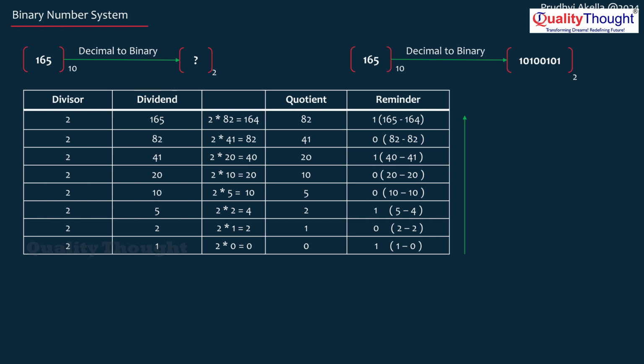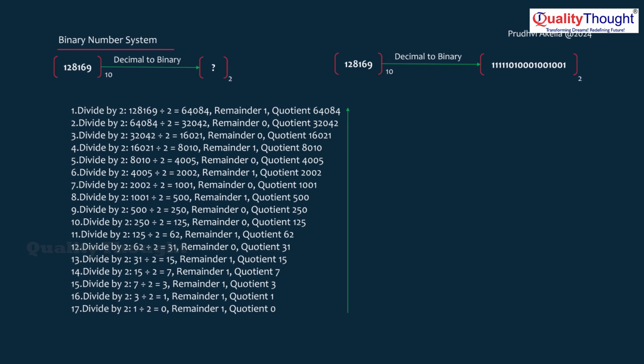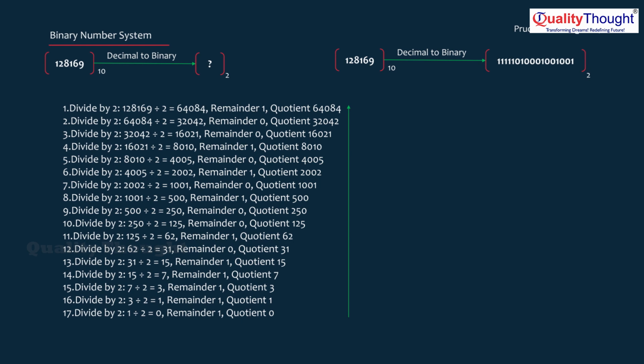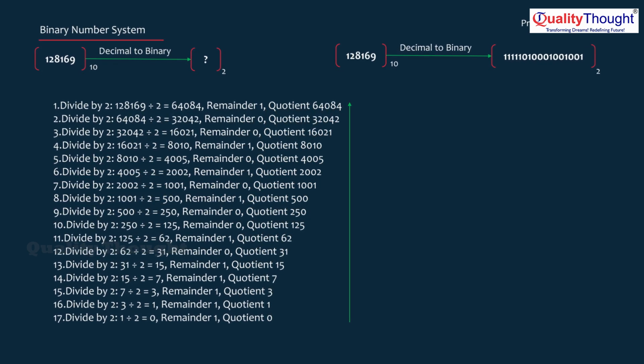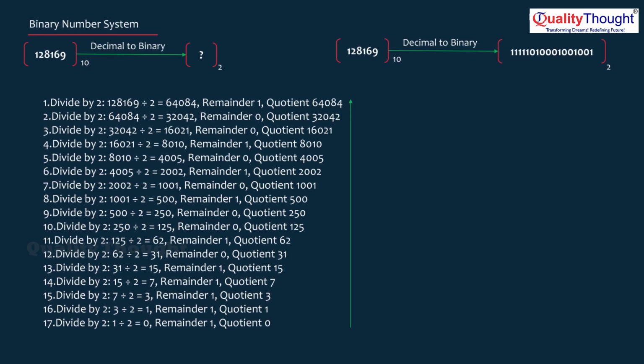So 165 is represented something like this, which is 1 0 0 1 0 0 1 0 1. In the same way, you can follow the same procedure and convert any decimal number into binary. Let's say 128169 can be represented as a binary, which looks something like this, by following this procedure.